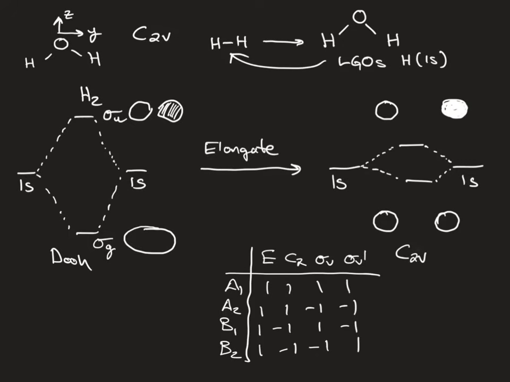Looking through, this lower energy bonding combination has the same symmetry as the A1 representation. It's symmetric with respect to E, the C2 axis, the sigma V, and the sigma V prime. Because of that, we give this one an A1 label.